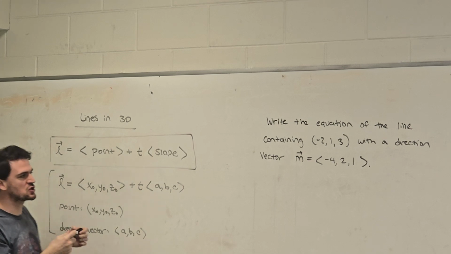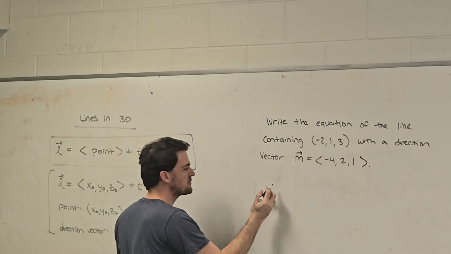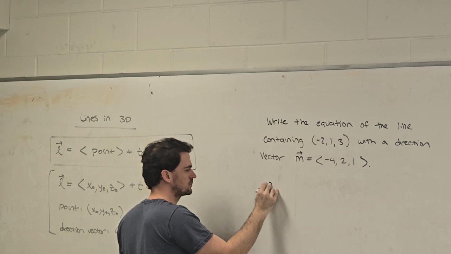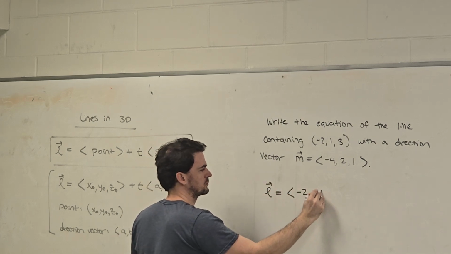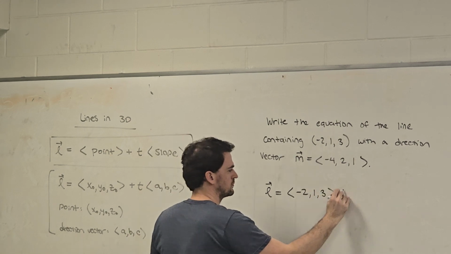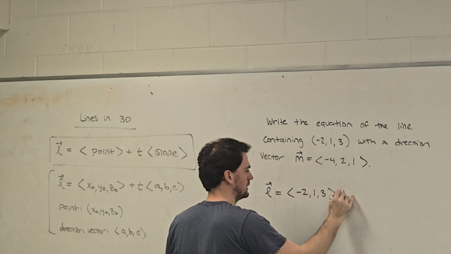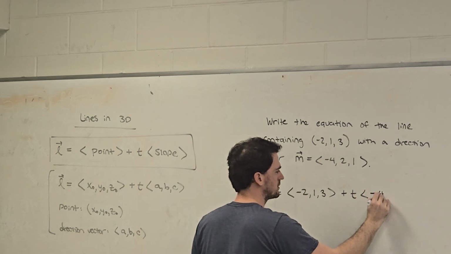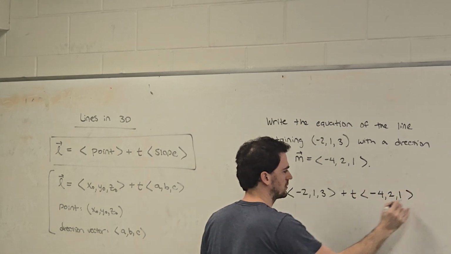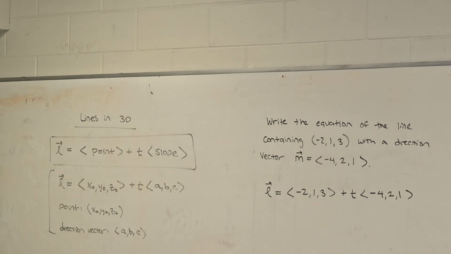So all we're going to do is just treat that point as a vector, plus t times the direction vector.